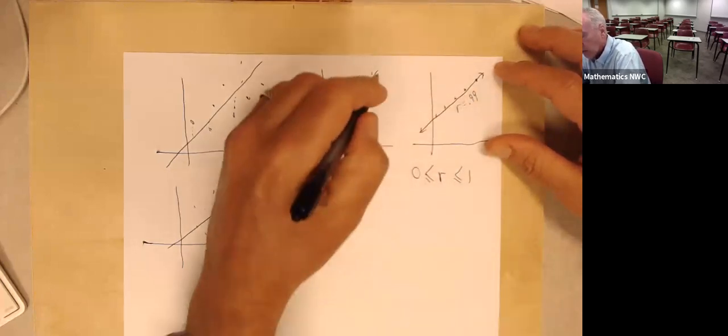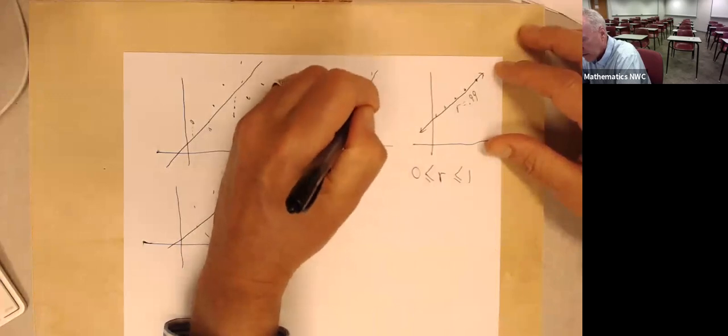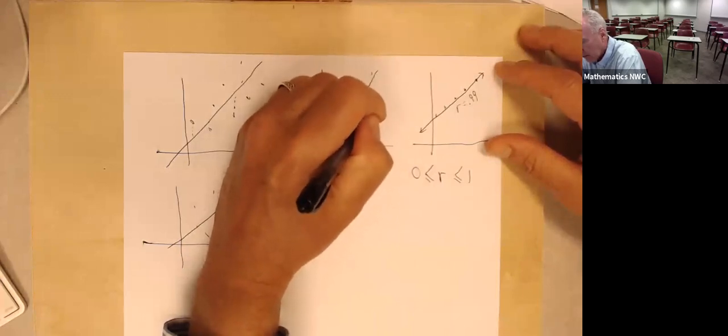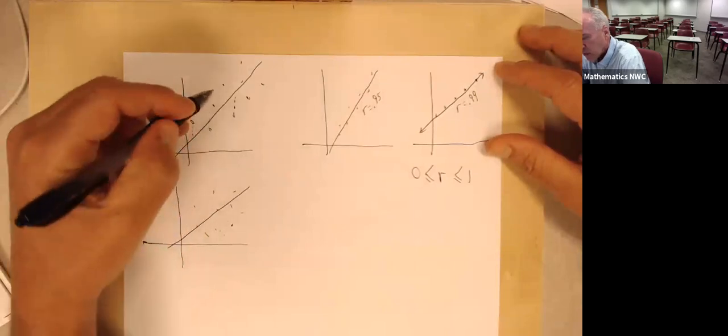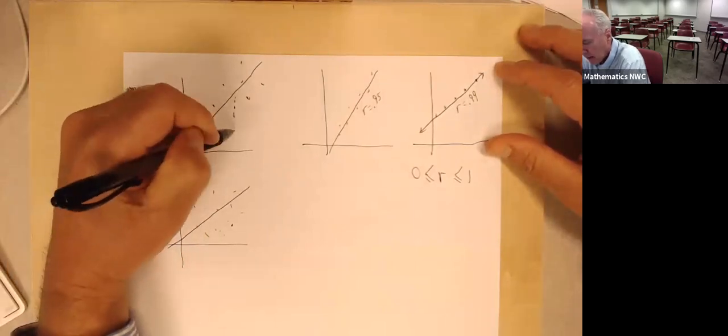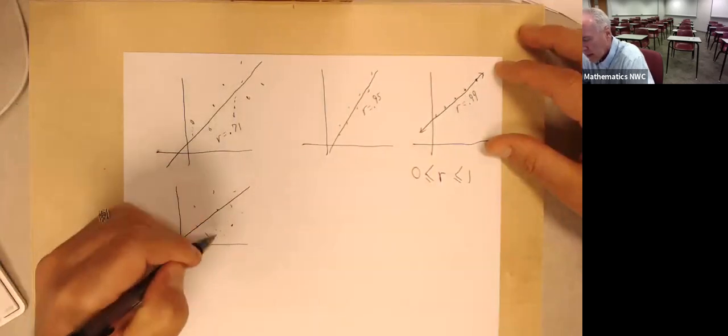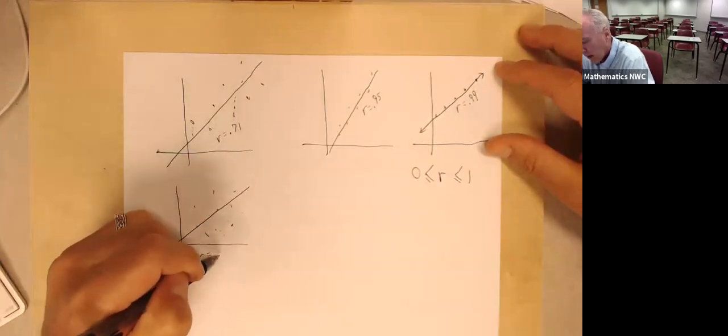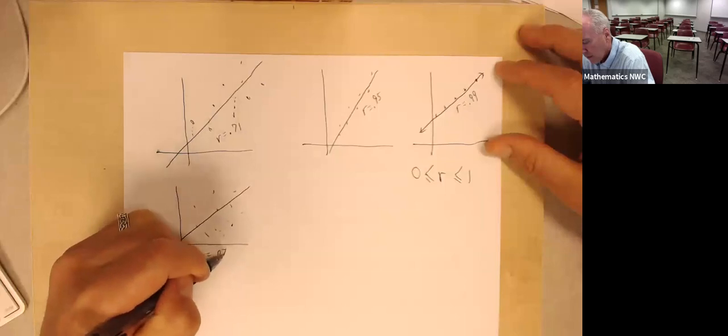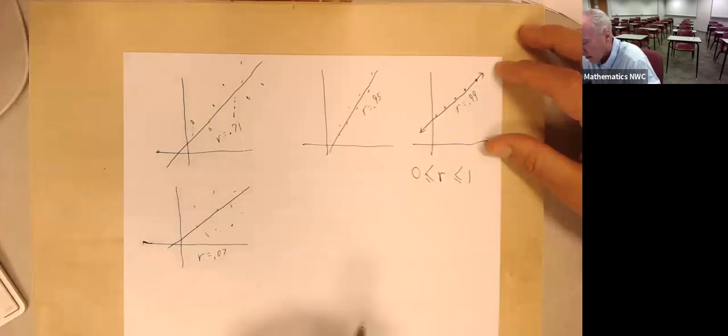This one would also be pretty good. R would probably, I'm just guessing here, 0.95. This one would probably be something like maybe around 0.71 or something like that. This one would probably be an R around 0.07 or maybe something like that. I'm guessing on all of those.